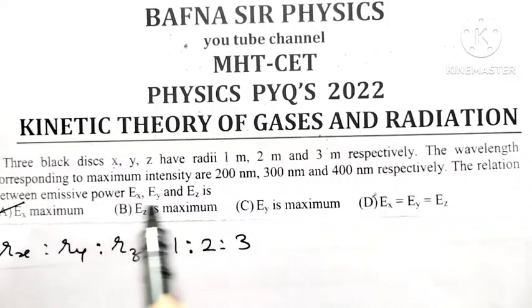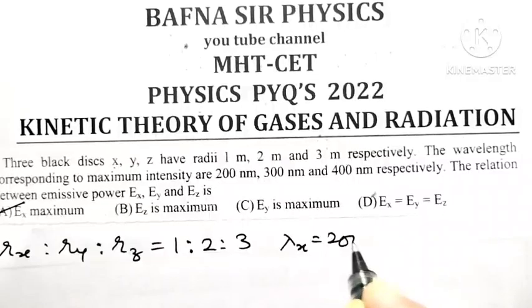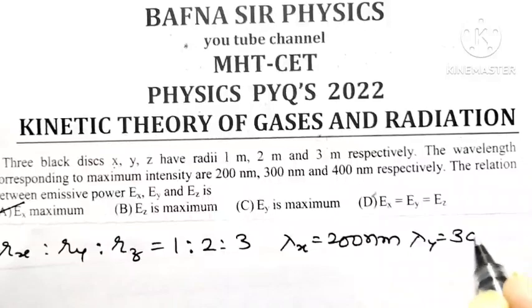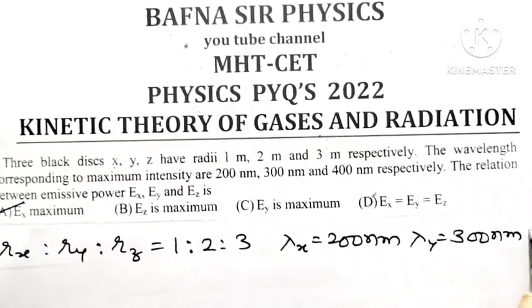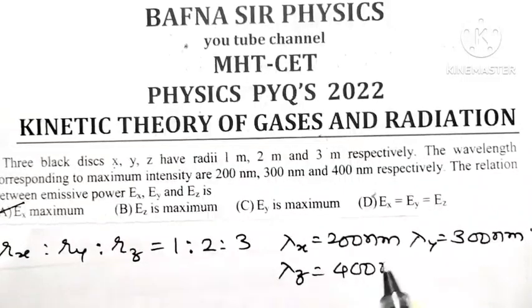The wavelength corresponding to maximum intensity, lambda X is equal to 200 nanometer, lambda Y is equal to 300 nanometer and lambda Z is equal to 400 nanometer.